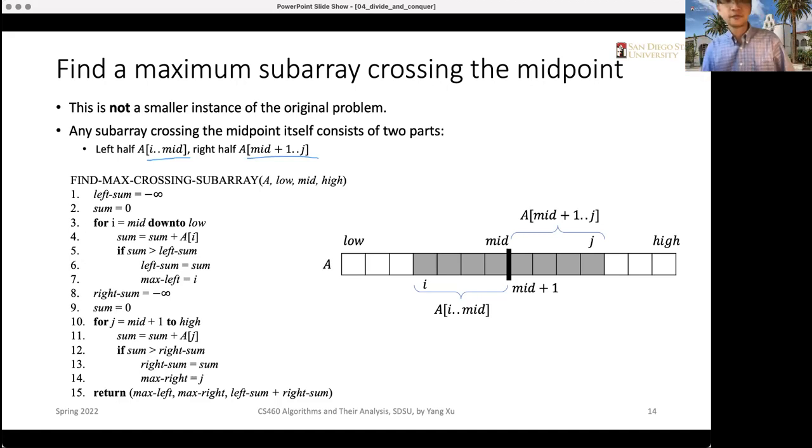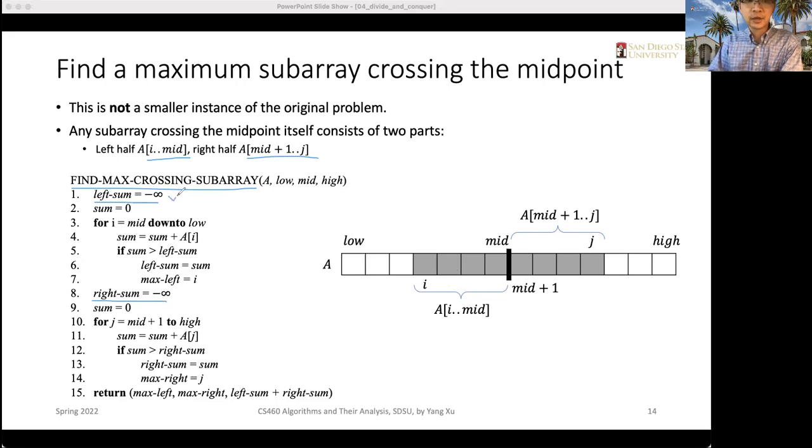The name of the procedure is find max crossing subarray, and the meaning is to find the maximum subarray that crosses the midpoint. Okay. Because this subarray consists of two parts, we will use two variables to store the summation for the left part and the right part respectively.